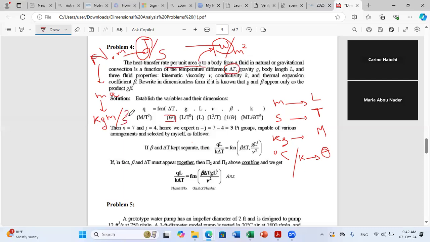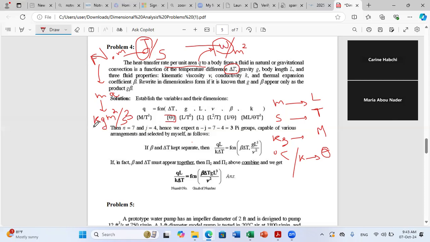Now if you multiply kilogram meter per second square times meter, it becomes joule, so kilogram meter square over second square. And then you divide again by second, so it becomes second cube. Since you need heat transfer per unit area, you need to divide the unit of watt by meter square.